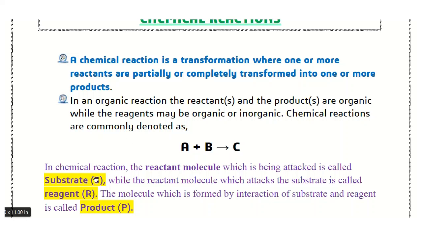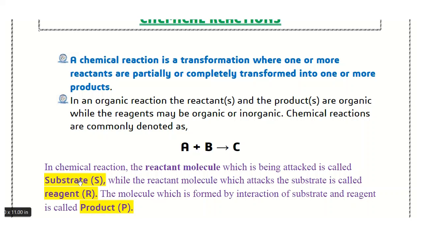Substrate is that reactant molecule which is being attacked by another chemical species to initiate the chemical reaction, and the reactant molecule which attacks the substrate to cause a chemical change in order to get converted into the desired product is known as the reagent molecule.